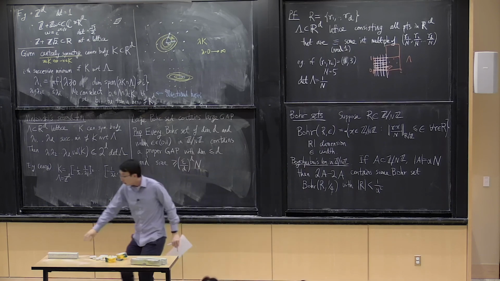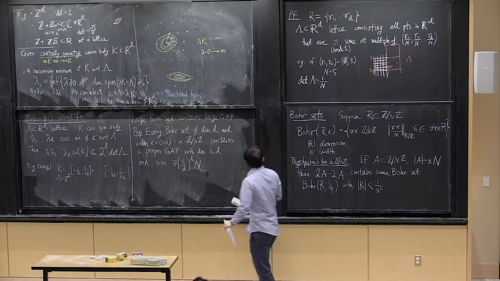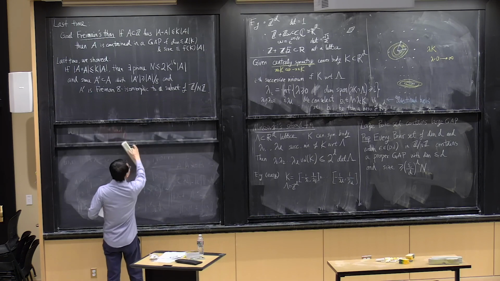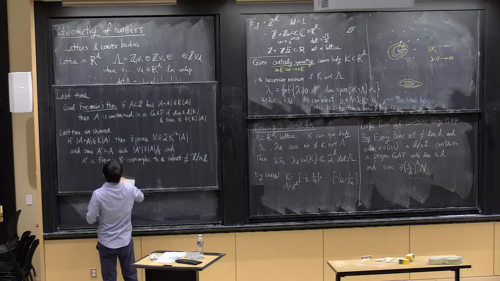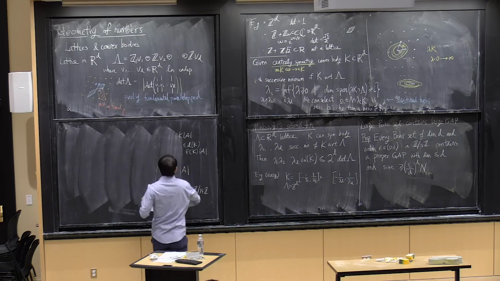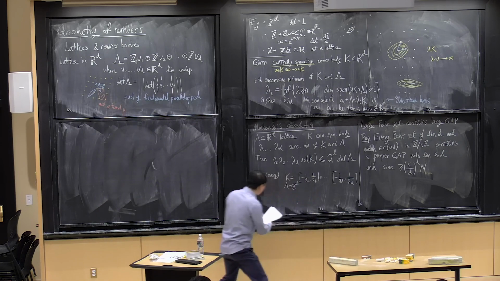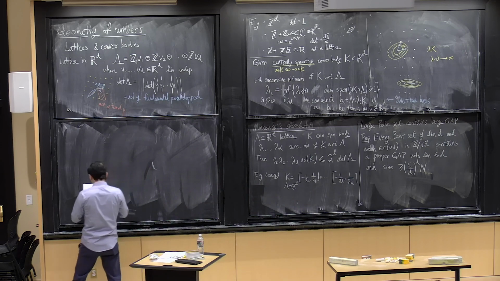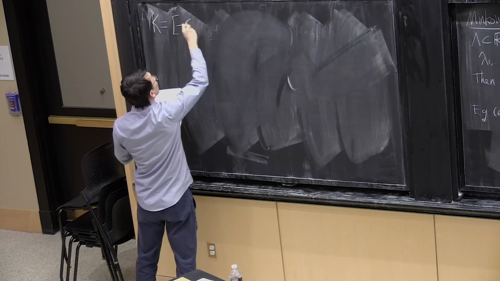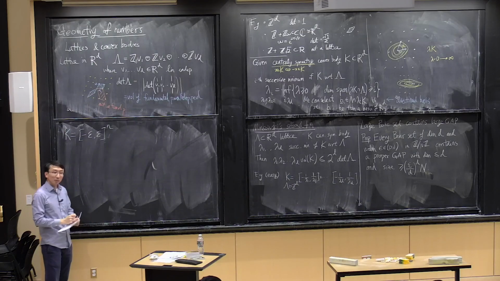We're going to apply Minkowski's second theorem, and I will need the definition of Bohr set up there. So I want to tell you what to use as the convex body. The convex body that we're going to use is K being this box of width 2 epsilon.